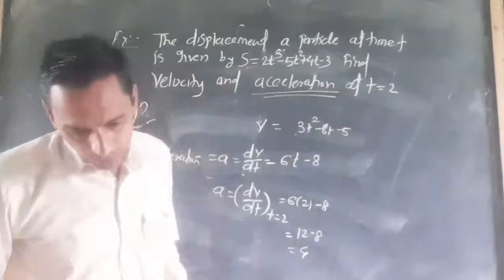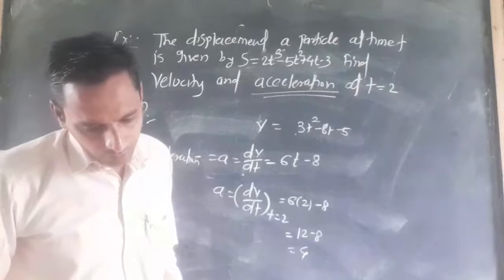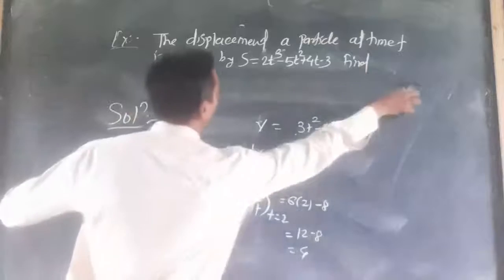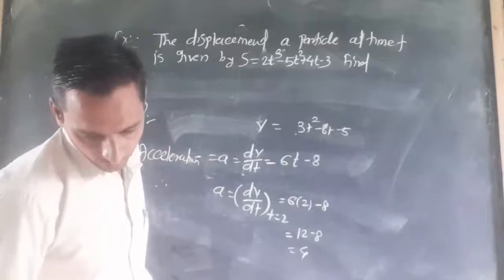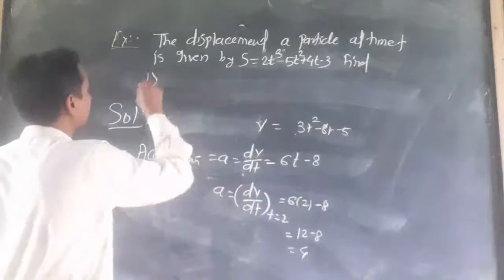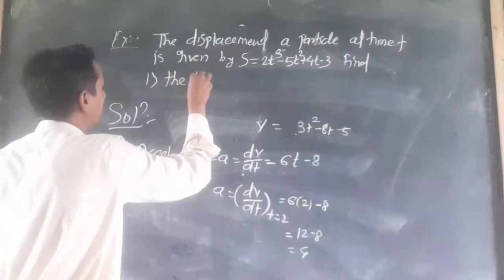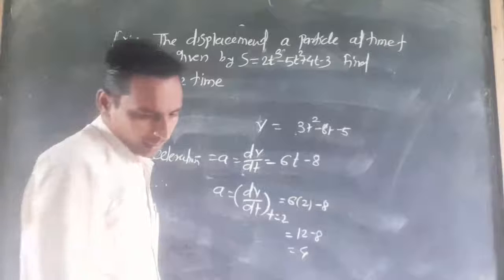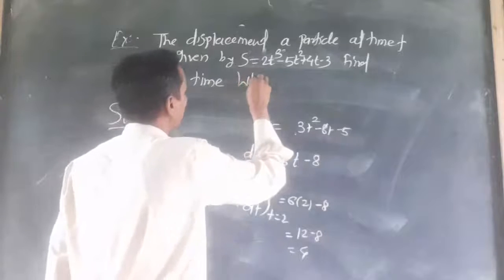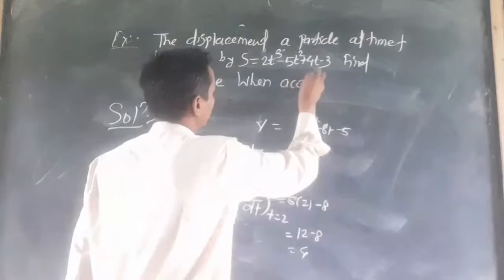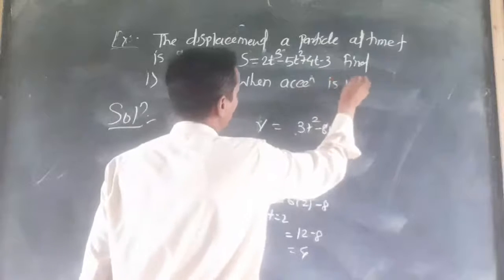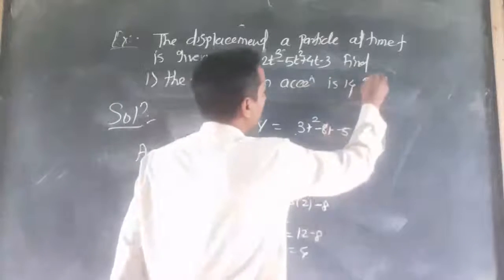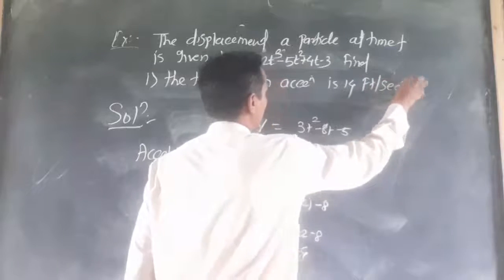Then find the time t when acceleration is 14 feet per second square.